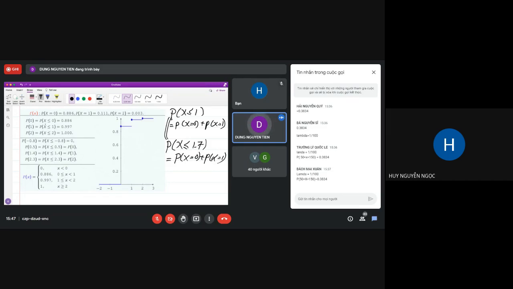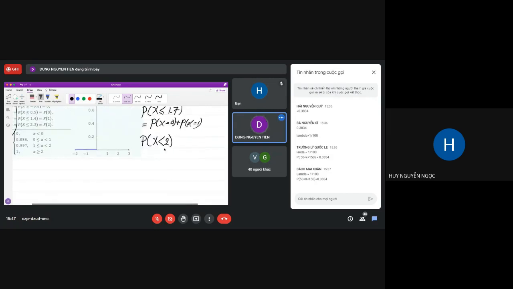Now, you can go forward and find the capital F. Can I go backward? What do you think? So if I replace this a little bit, the probability that x is less than 2, what is that? Then you get the probability that x is 0 plus the probability that x is 1.